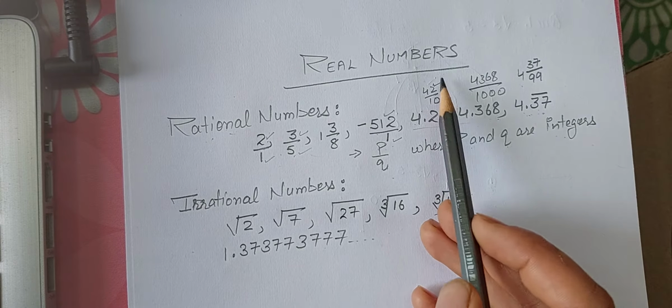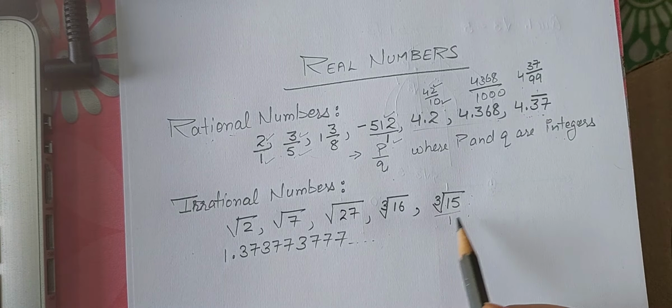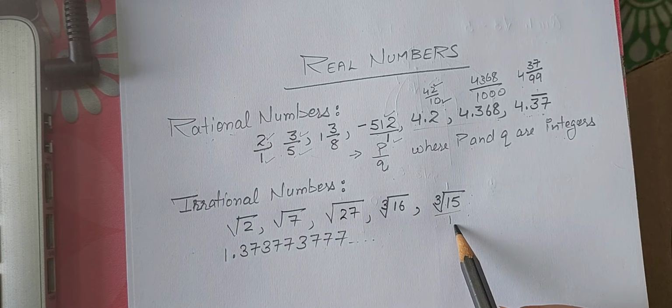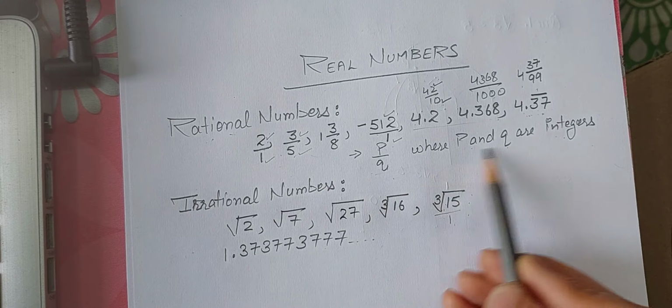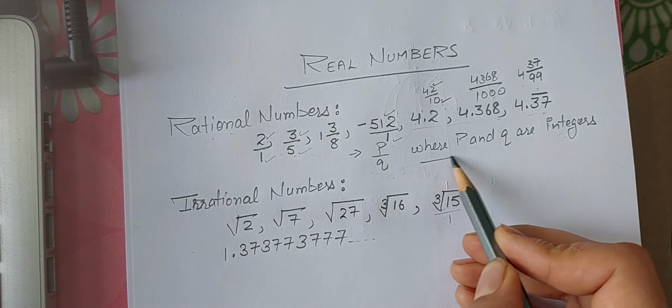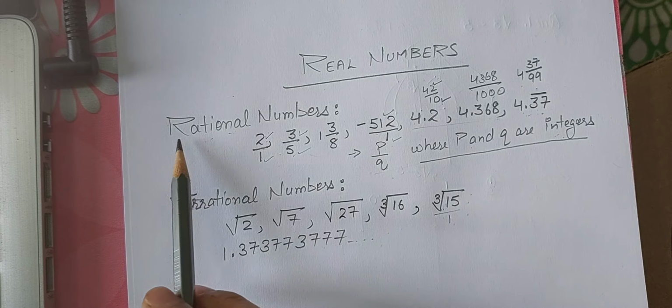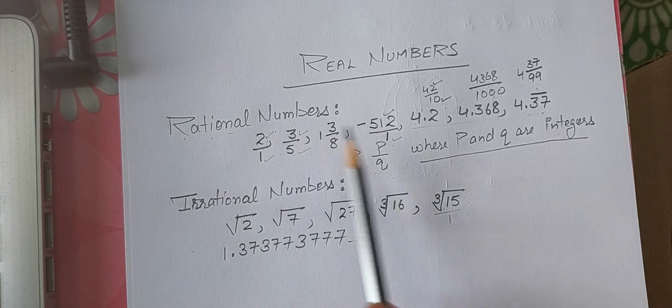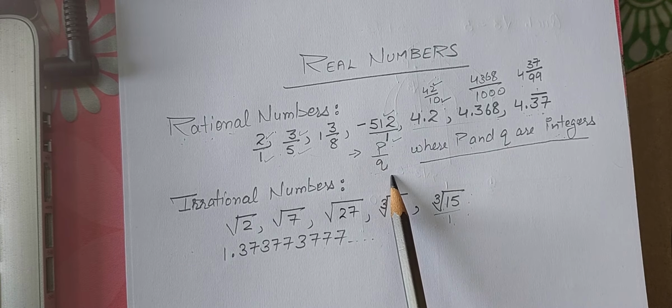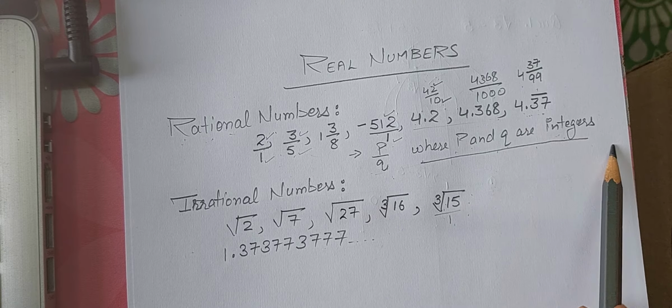So all P and Q are integers here, but here Q is an integer but P is not an integer, so this does not fit into the definition, and that's why purposely this line has been added to the definition of rational numbers. So rational numbers are the numbers which can be expressed in P upon Q form where P and Q are integers.